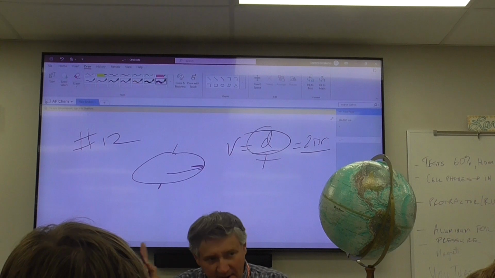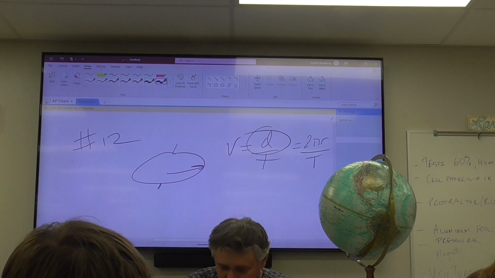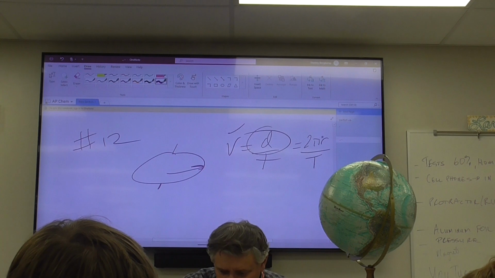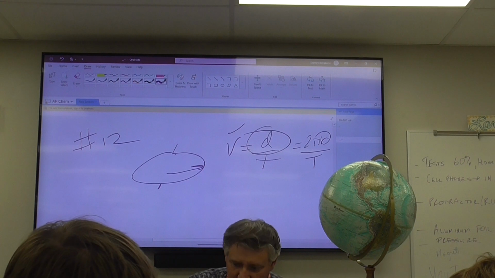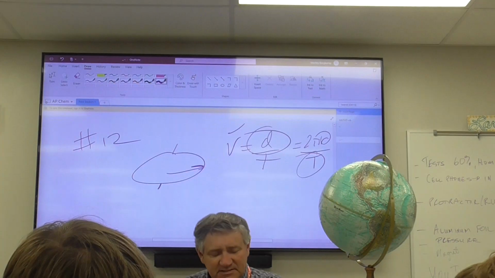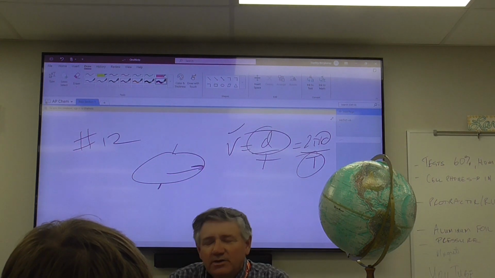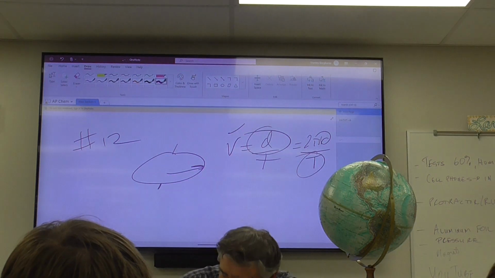And since we're talking about the time for it to go all the way around, we're going to use uppercase T. I've given you the velocity, I've given you the radius. What's the only thing you don't know? It's T. Now get out of this habit of putting in the numbers and then solving the equation. You are not a squirrely little 8th grader or freshman in Algebra 1.